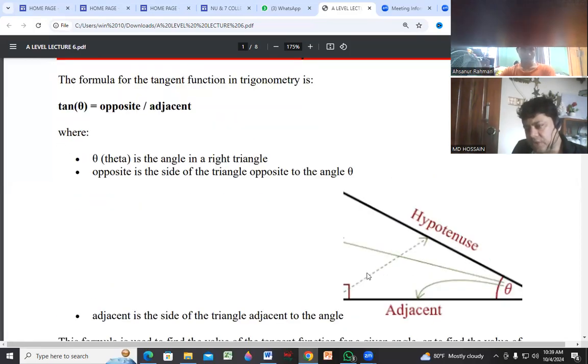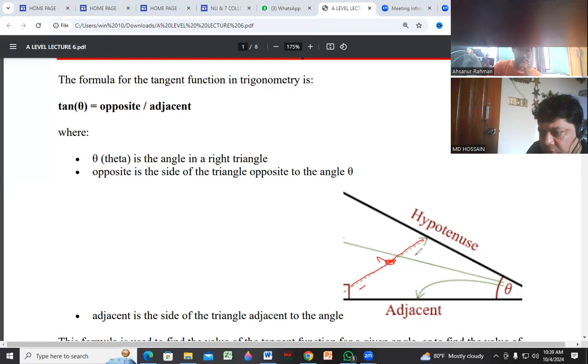That means this value from this point to this point. For better understanding, we can write it in Bengali.